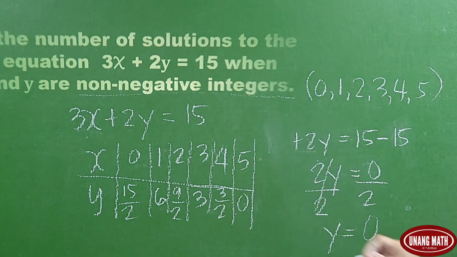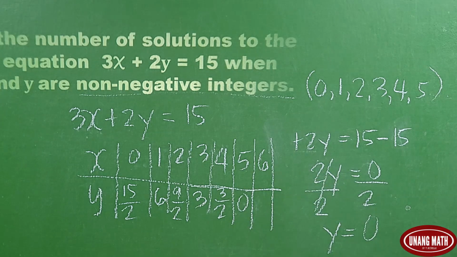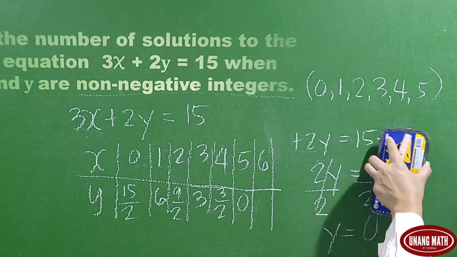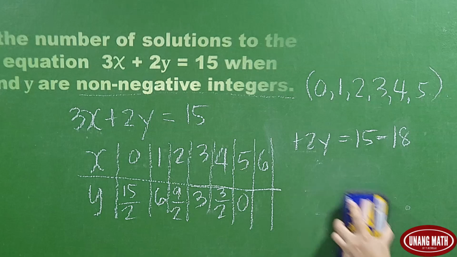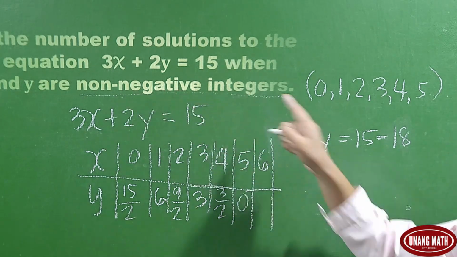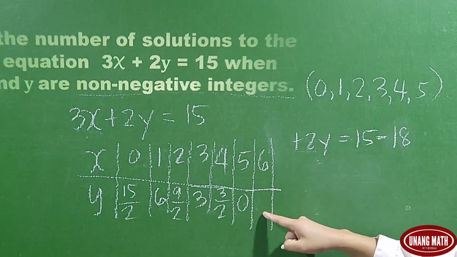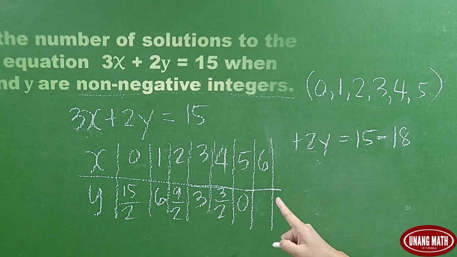Now, let's continue and check if x is 6. 3 times 6 is going to be 18, so 15 minus 18 is now negative 3. Take note, we are looking for non-negative integers, so we can already expect that the value of y is not a non-negative integer.